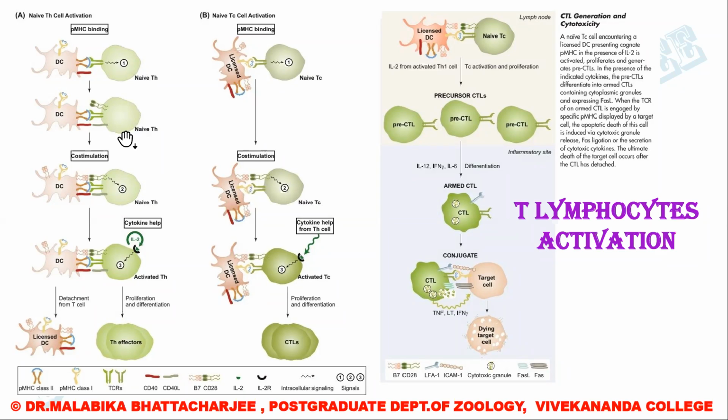So once signal 1 has been received by the T helper cells, next the T helper cells and the dendritic cells start upregulating the B7 and the CD28 molecules. And a very threshold level of signaling starts through these two receptors.